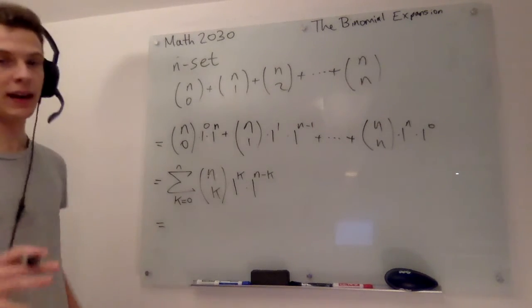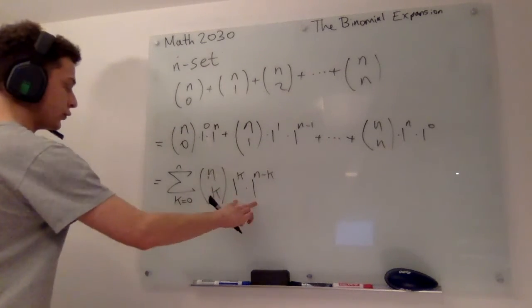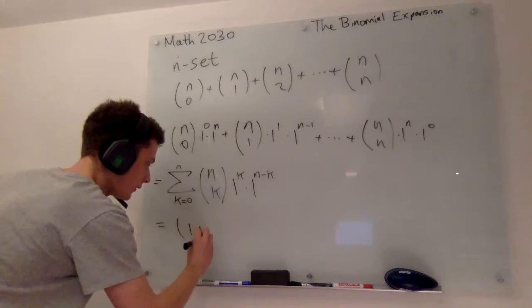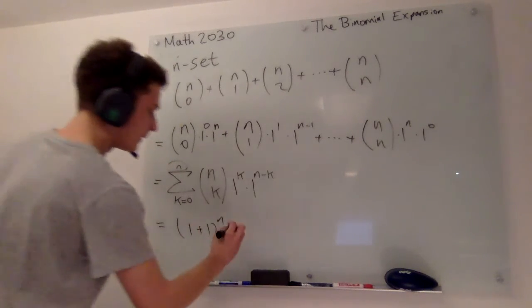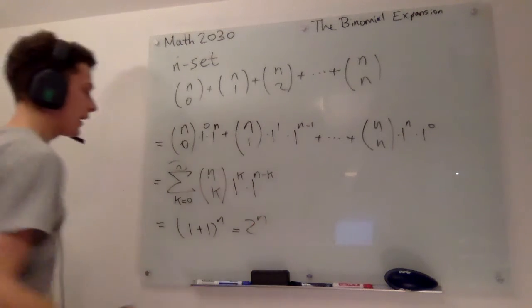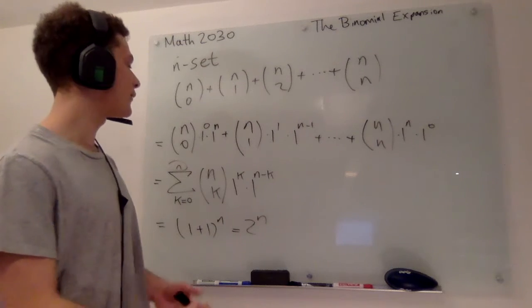And if we connect that to our binomial theorem, using these two ones here, this is equal to (1 + 1)^n, which gives us 2^n. So that tells us how many possible subsets we could have of an n-set.